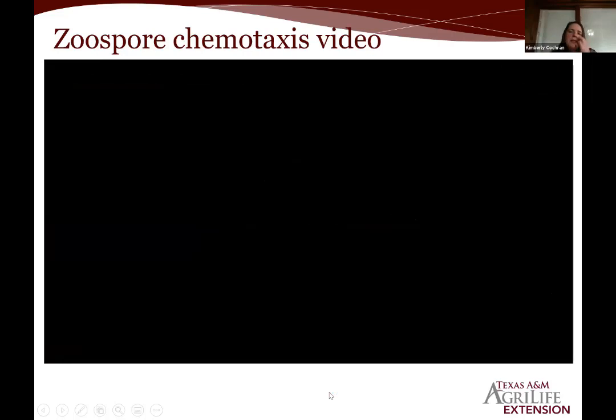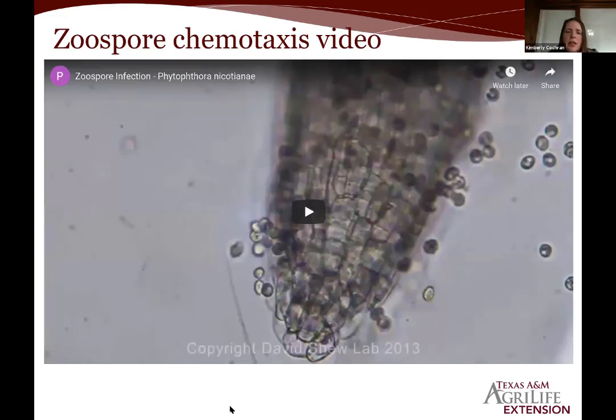Okay, so once these do emerge, they don't just swim about aimlessly. They actually can sense where there are new roots to infect. So they do that through a process called chemotaxis, and they sense chemicals that are coming from roots, especially young root tips, things like hormones and sugars that are released in abundance by root tips.